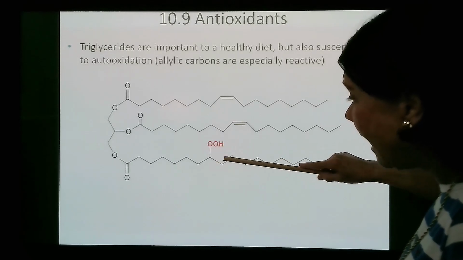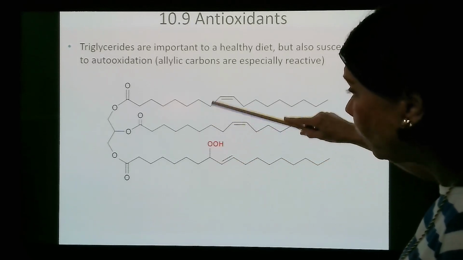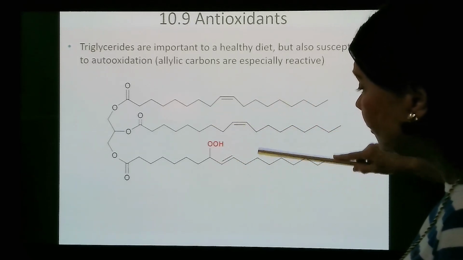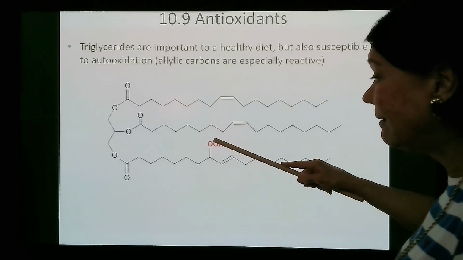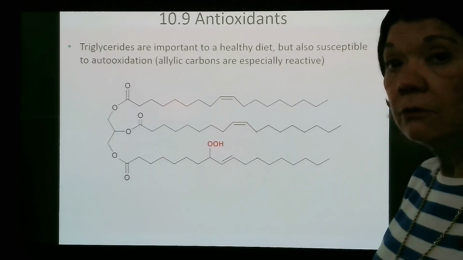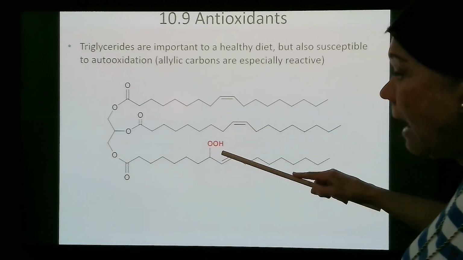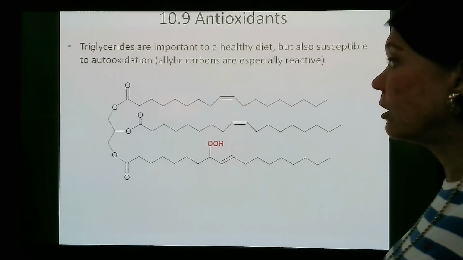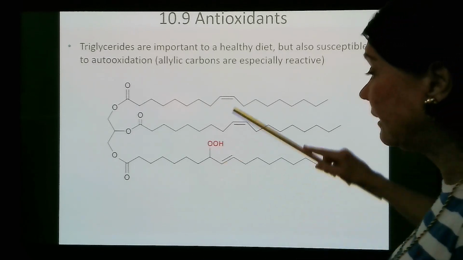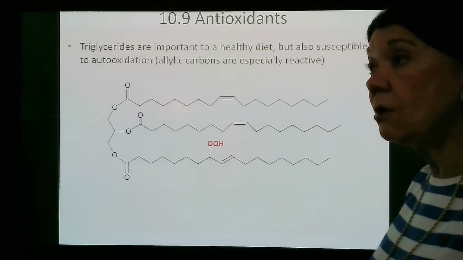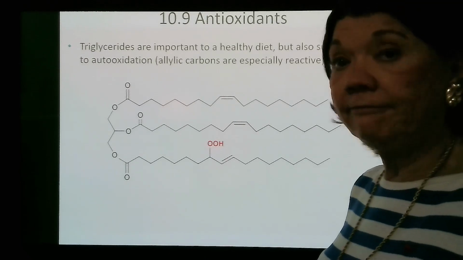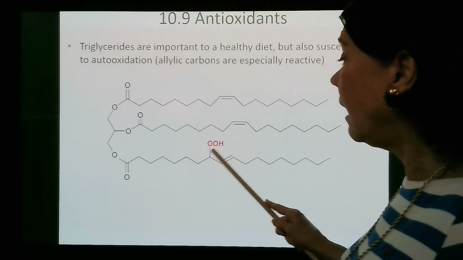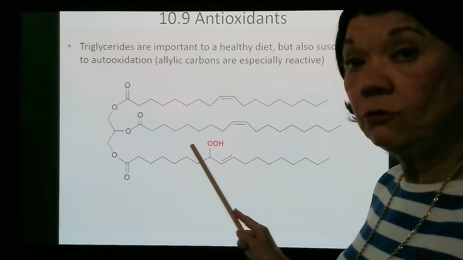And that's because they have these allylic carbons where you can get the peroxy groups formed, and these are not good for you to ingest. And this is what happens in some of your foods. If there's not a preservative, or even if there is a preservative, it can still happen after a long time. So you don't want to buy huge amounts of foods that will have this happening, and then you eat them.